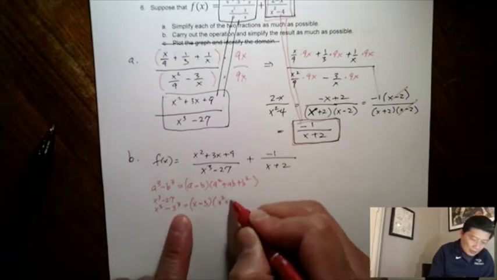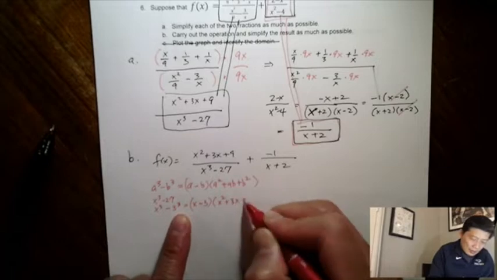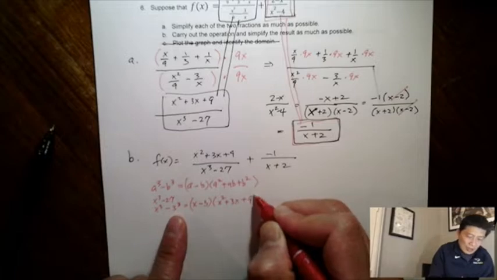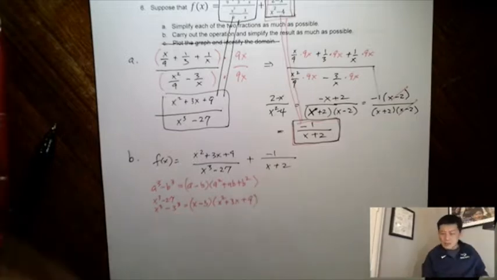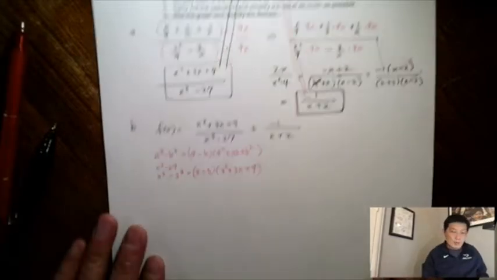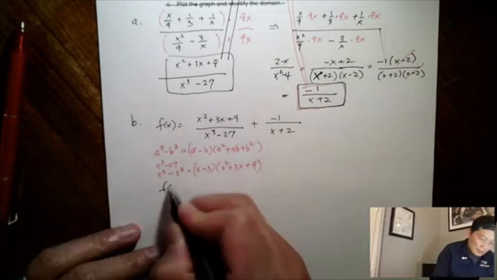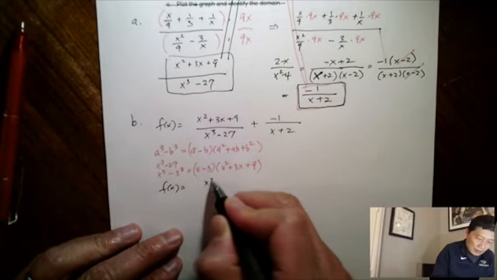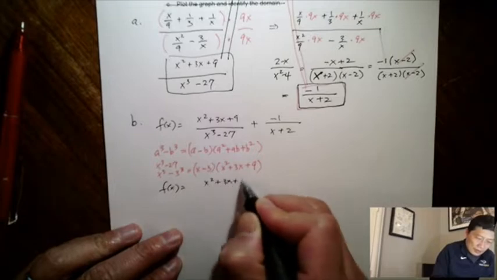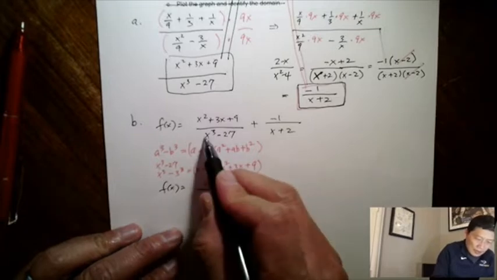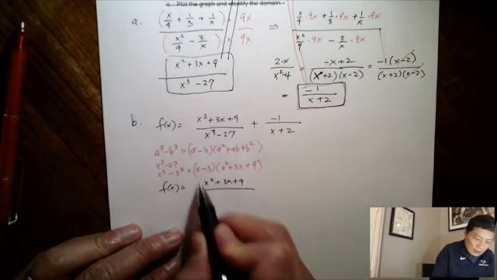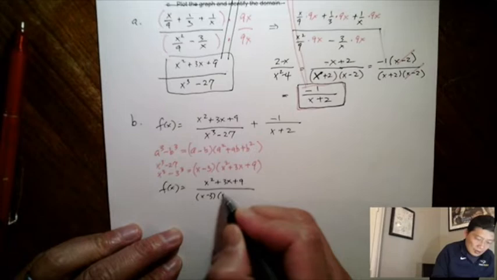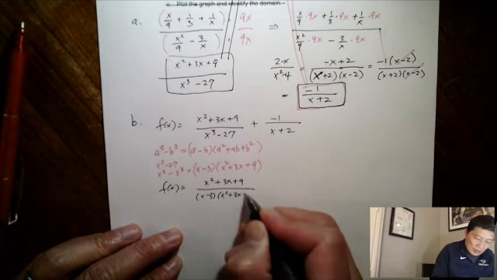plus 3x plus, now b is 3, so b squared is 9. So f of x becomes, up here, x squared plus 3x plus 9. On the bottom, the x cubed minus 27 becomes this expression, x minus 3 times x squared plus 3x plus 9.